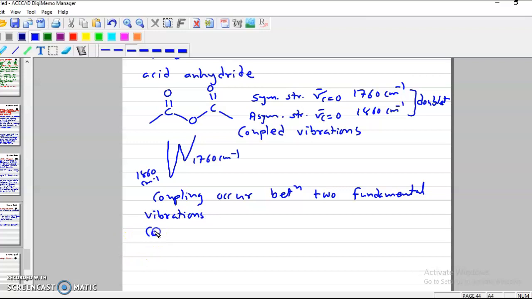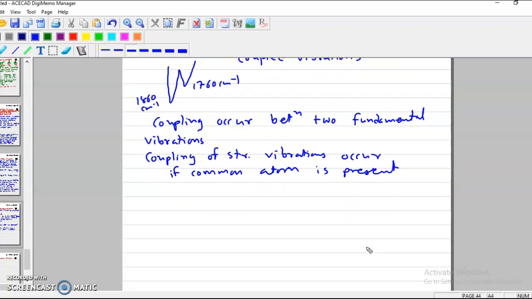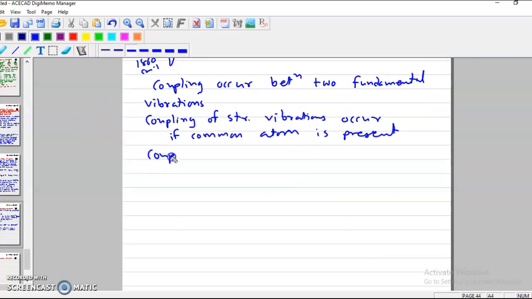Second thing, coupling of stretching vibrations occur if common atom is present, and coupling of bending occur if common bond is present.